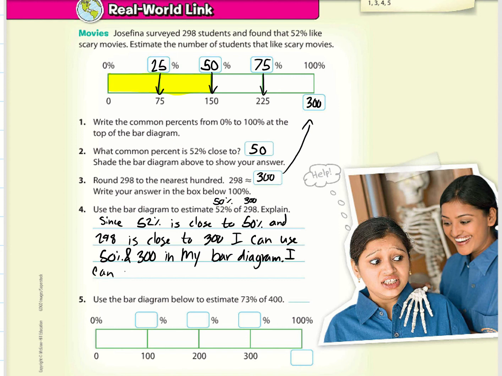I can estimate that 150 is about 52% of 298.